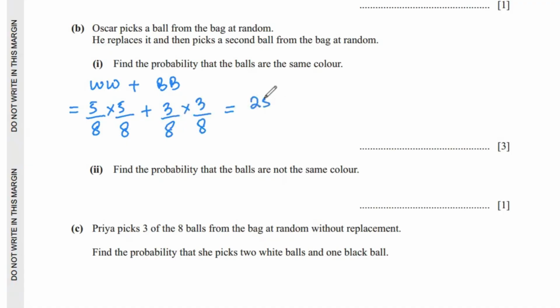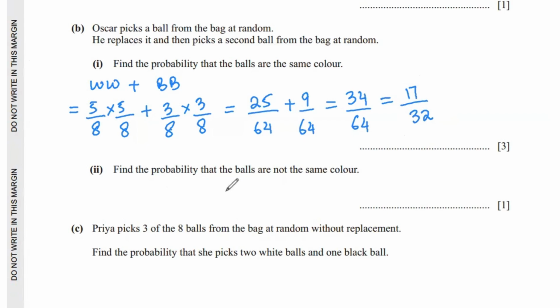So that's 25 over 64 plus 9 over 64, and that is 34 over 64, which we can simplify to 17 over 32. That is your final answer.